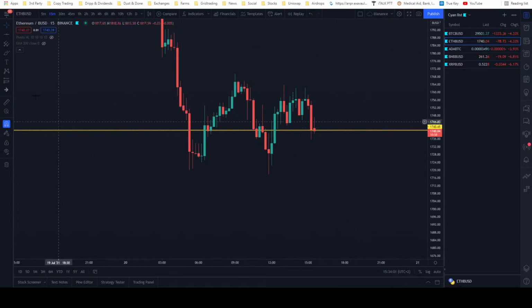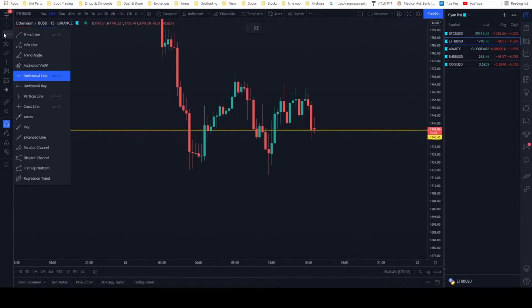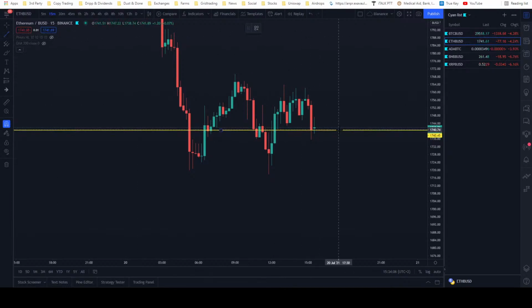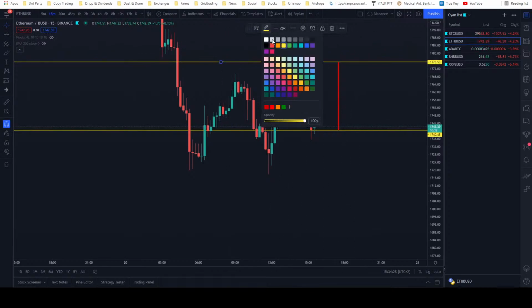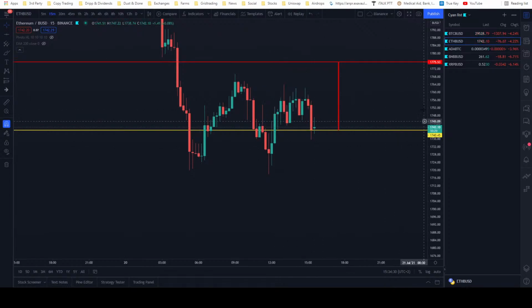Immediately, since I have my entry point, I'll put a limit order for a sell with 2% profit, and I'll put that line up there, and this line I'll make red, knowing this is where my sell orders are. And that's 1775.53.